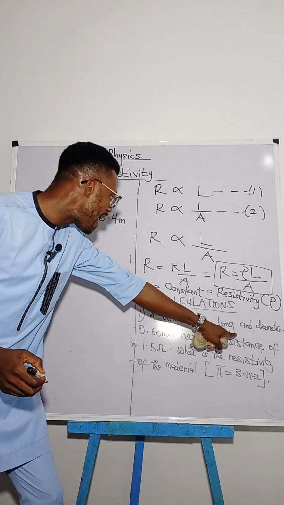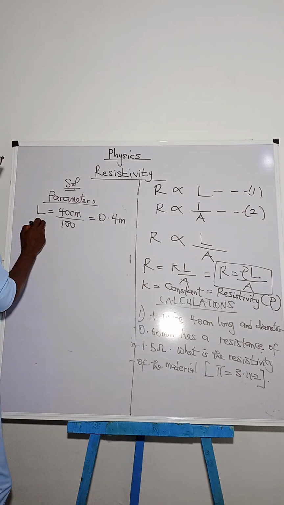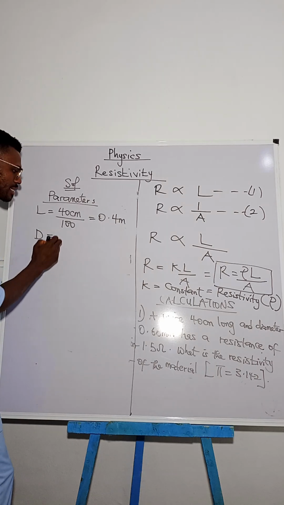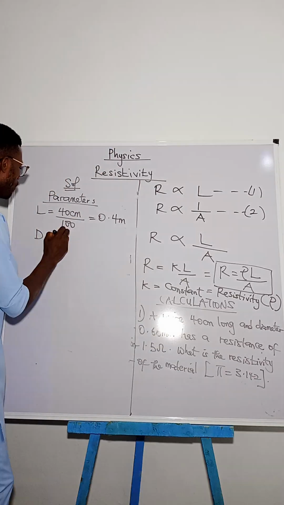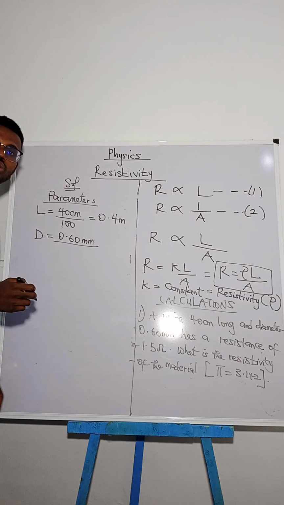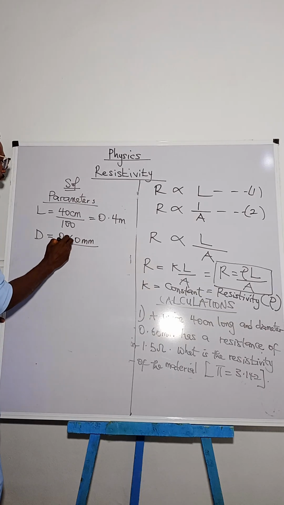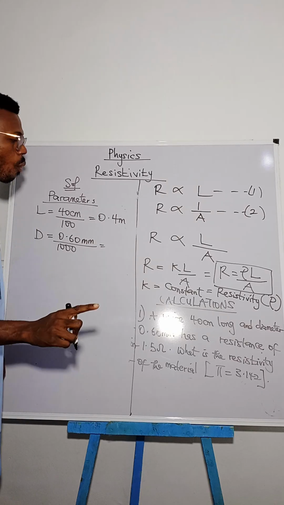All right, and diameter 0.60 millimeter. Now the SI unit for diameter is meter, not millimeter. So I'm going to convert this 0.60 millimeter to meter. And how do I do that? I divide by 1000, because 1000 millimeter make 1 meter.